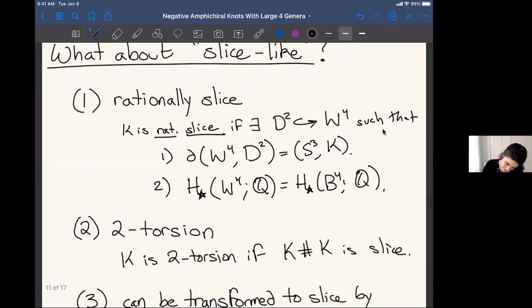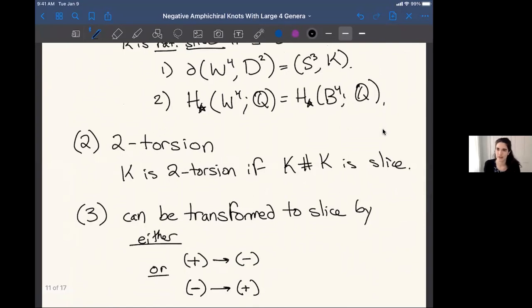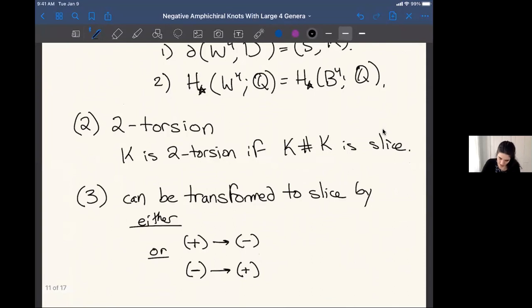And so my final approximation to sliceness has to do with diagrams and crossing changes. This one is maybe the least topological and most diagrammatic of all of them. So the last option is, given your knot K, you can transform it to a slice knot by doing either positive to negative crossing changes, so choosing some number of positive crossings, which are oriented like this.